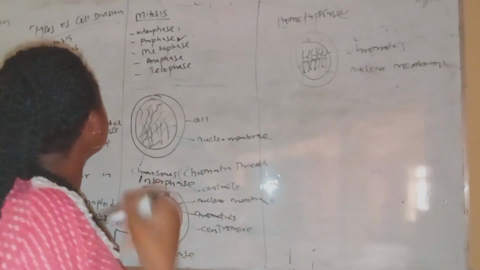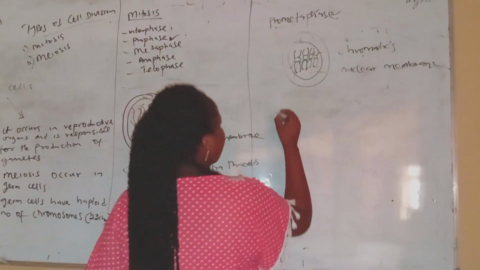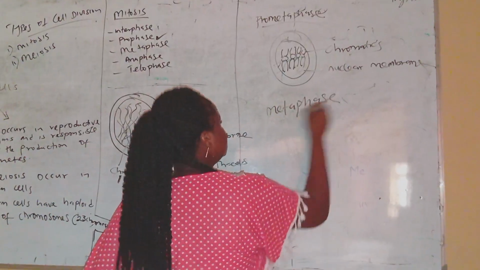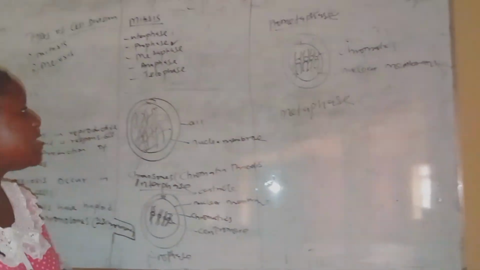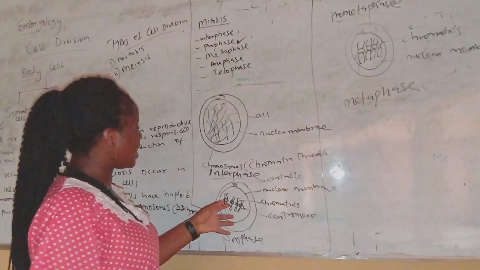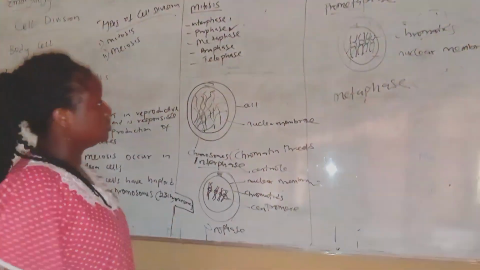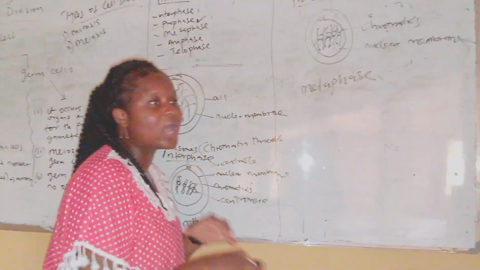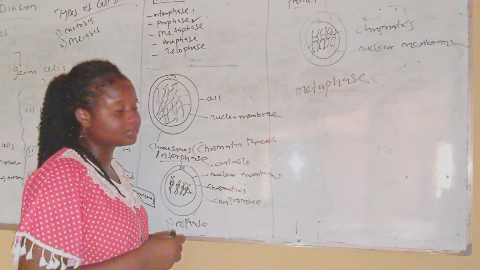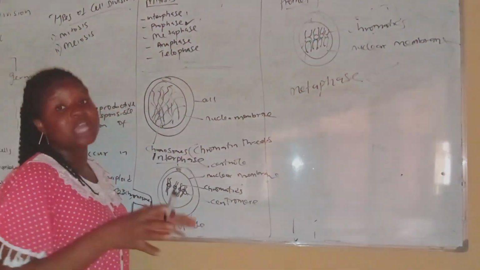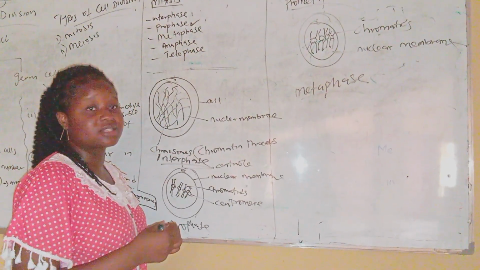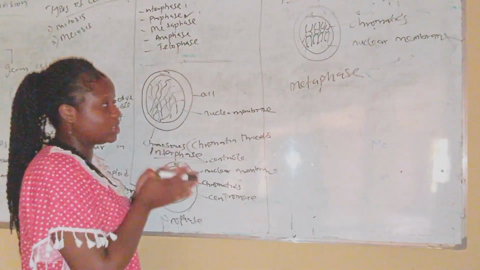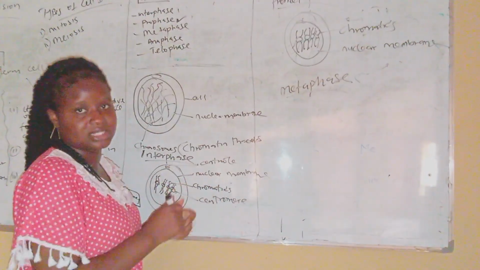Then the next we're going for is our metaphase. So what happens in metaphase? In metaphase, these are our chromosomes that form subunits which are chromatids. They tend to align in the equatorial plane, and they tend to be attached to microtubules and spindle fibers for them to be able to align at that plane, and they are seen at both ends of the centrum.